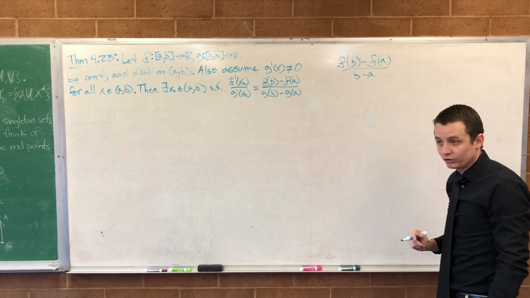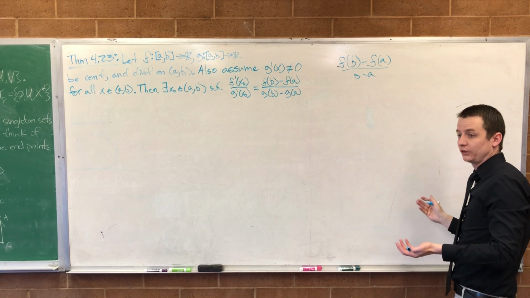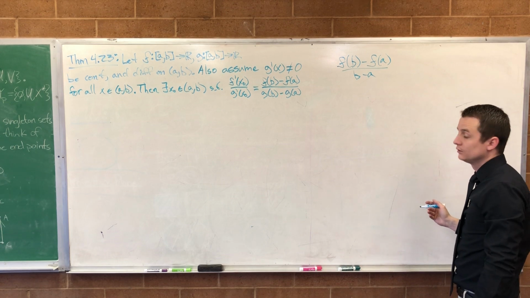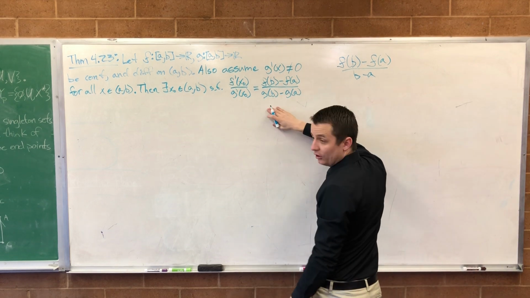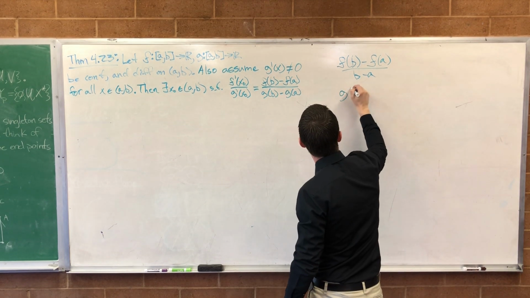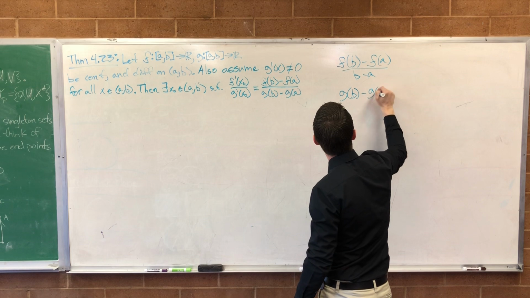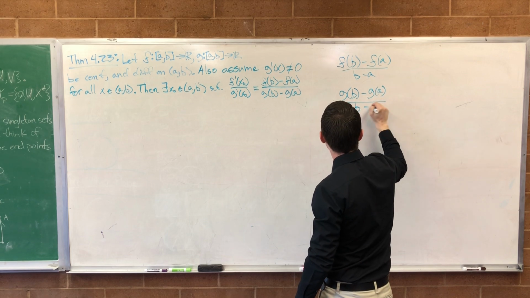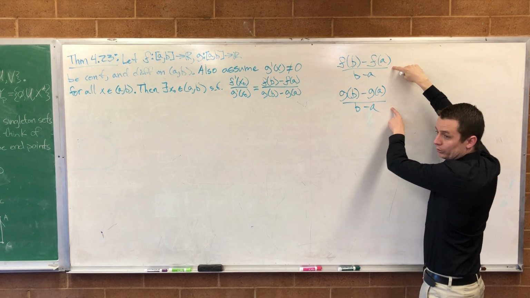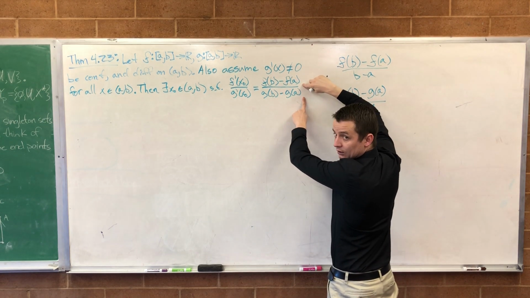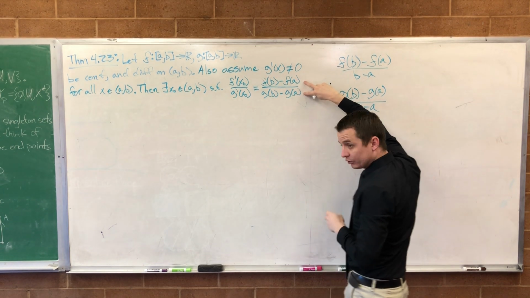That's f's average slope over that interval. Its rise over its run, its slope. And g, its average slope would have been g of b minus g of a over b minus a. Notice that when you take the quotient of these two, you just get that.